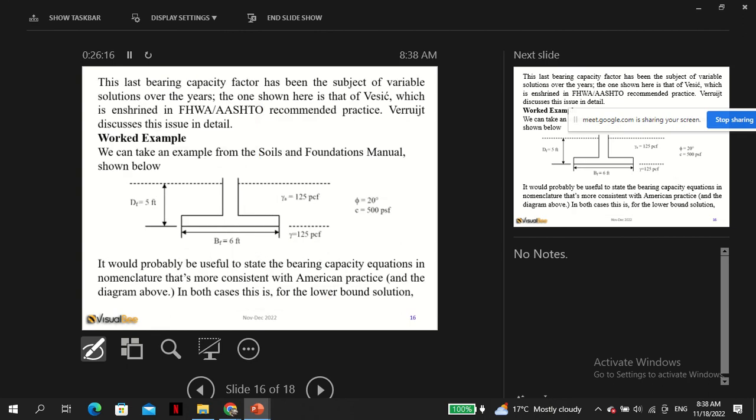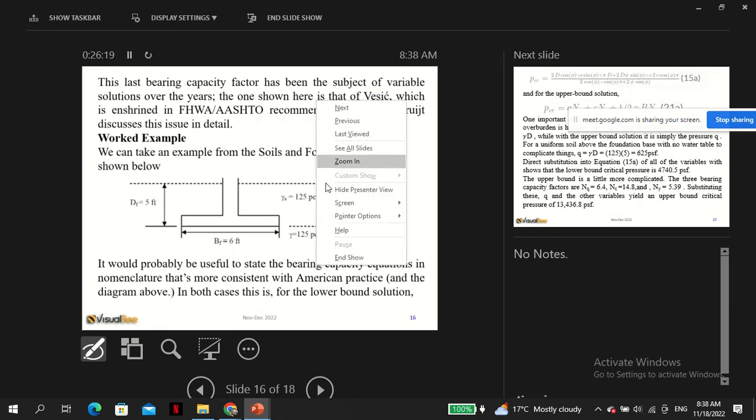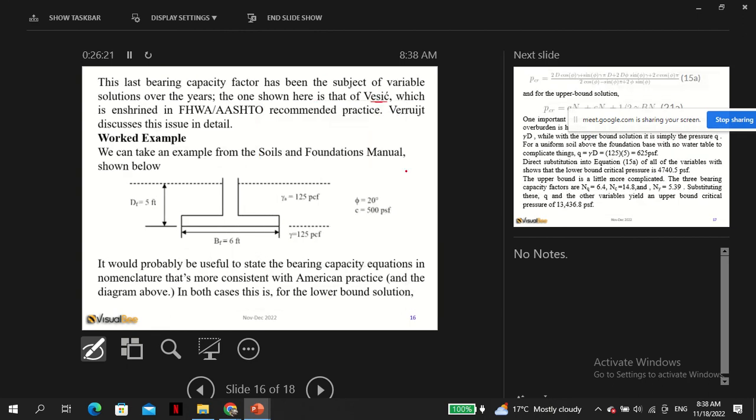You need to understand all that. Here we are presenting work proposed by Vesic, but just so that you are aware, there is a debate.